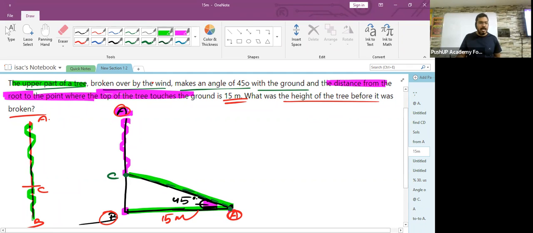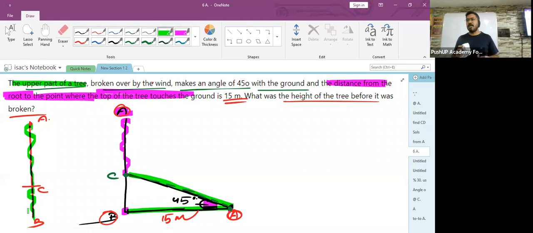Then you need to find the value of CB. And if you add both of them, you will get the total height of the tree. Is it clear? You want to find the total height of the tree before it was broken. So using this right angle triangle, you need to get the value of AC, the value of BC, and then get the height of the tree.